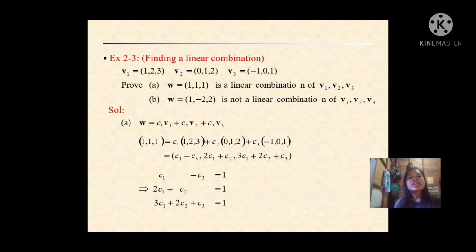And these are the solution system: C sub 1 minus C sub 3 equal to 1, and 2 C sub 1 plus C sub 2 equal to 1, and 3 C sub 1 plus 2 C sub 2 plus C sub 3 equal to 1.